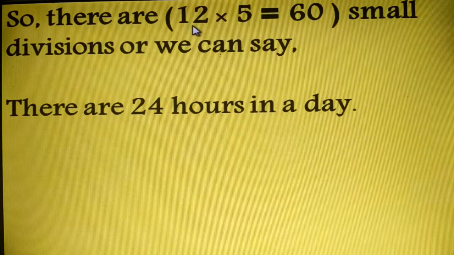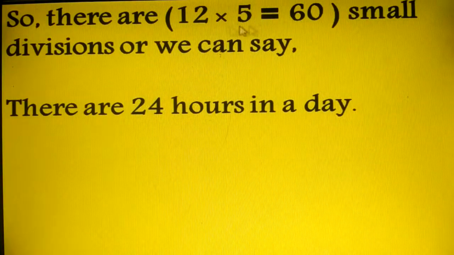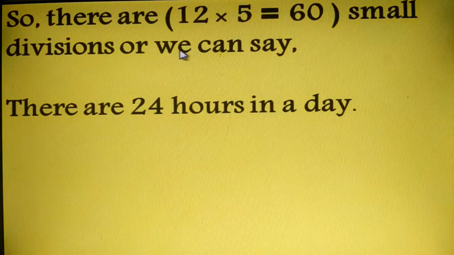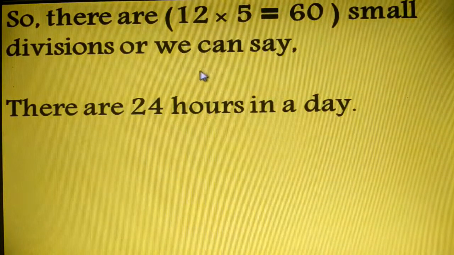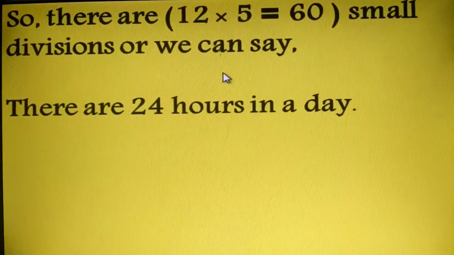Between every two numbers there are 5 small divisions. That's why 12 into 5 is equal to 60. 12 5s are 60. 60 small divisions, or we can say 60 minutes. Total 12 big divisions, 5 small divisions. It means how many total divisions will there be? Total small divisions are 60, and 60 small divisions make 60 minutes.